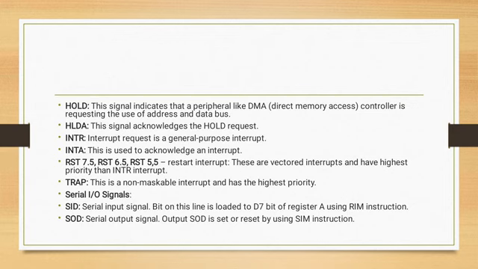After TRAP, the next highest priority interrupt is RST 7.5, with vector location 003C, then RST 6.5, with location 0034, and then RST 5.5, whose location is 002C. So RST 7.5, RST 6.5 and RST 5.5 are the restart interrupts.